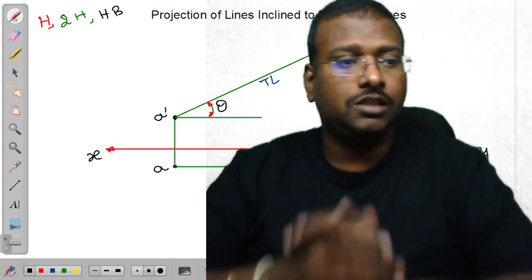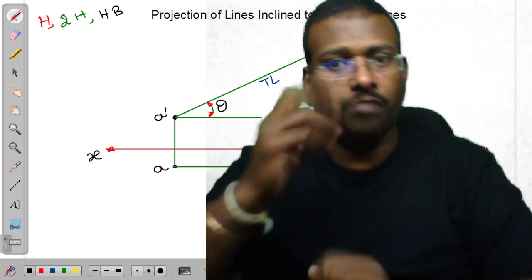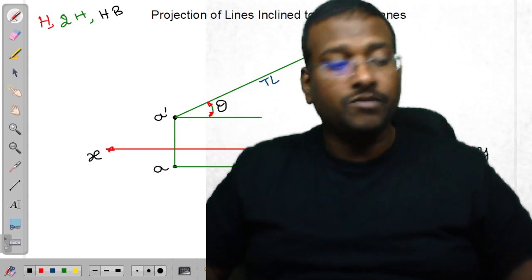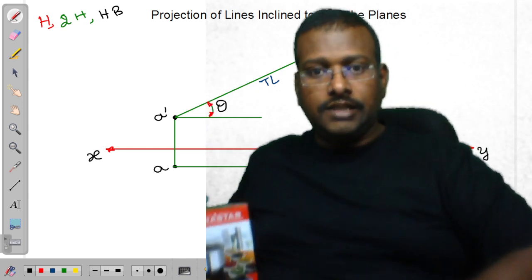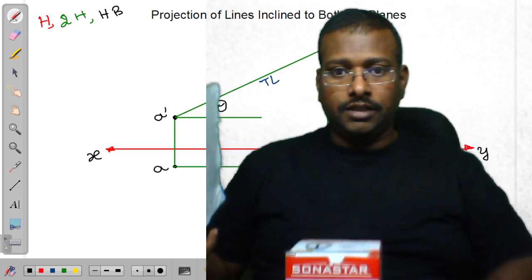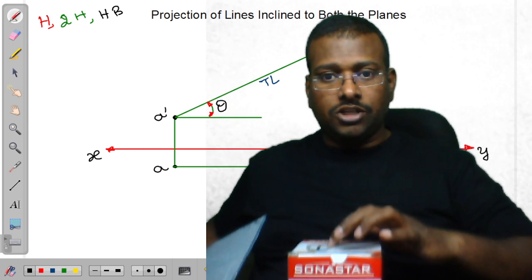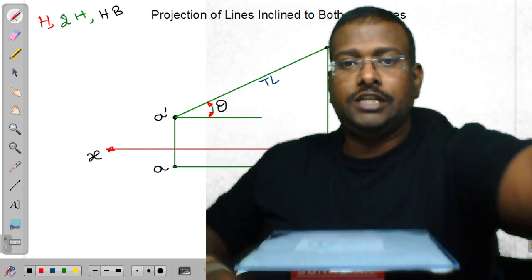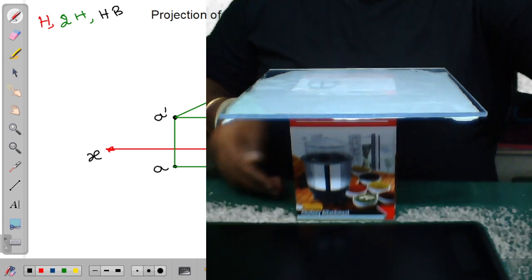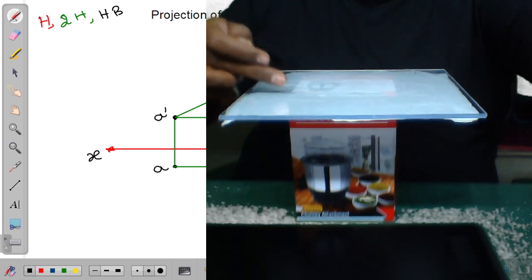So from this we are going to get two observations. What is that, sir? For your clarity, let us consider this is HP. At some height A dash will start, so for support I am taking this element here. HP is this, and A is at some height.